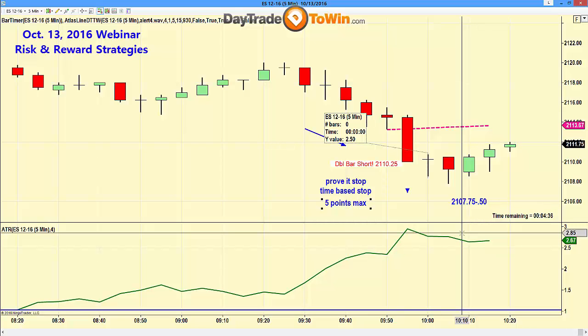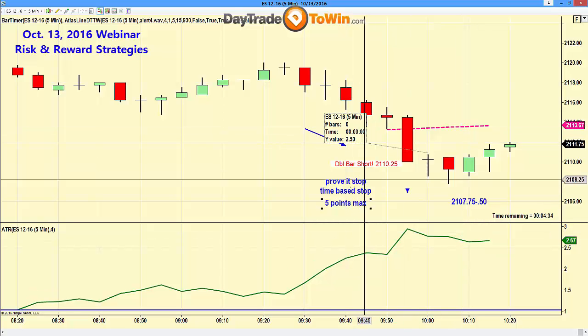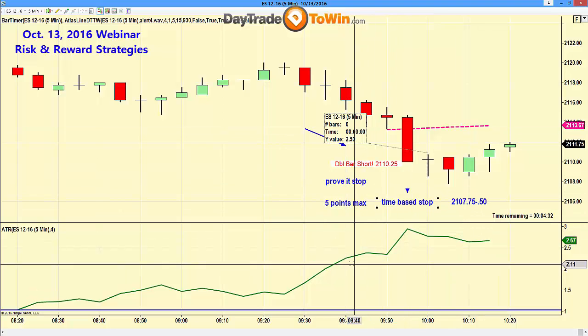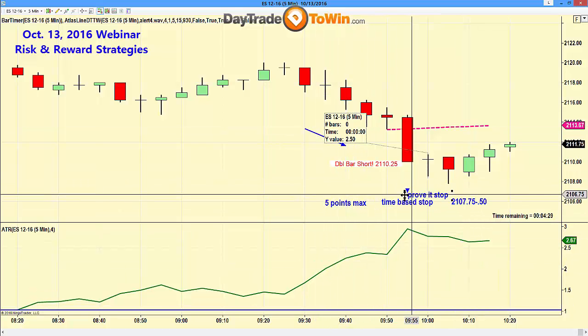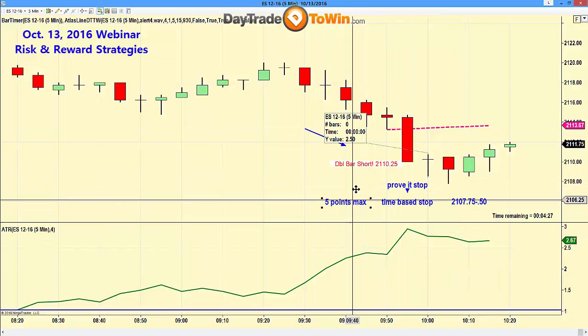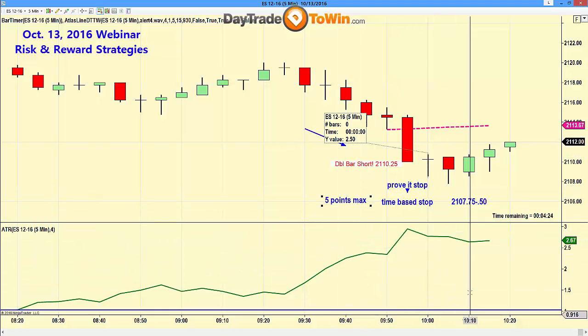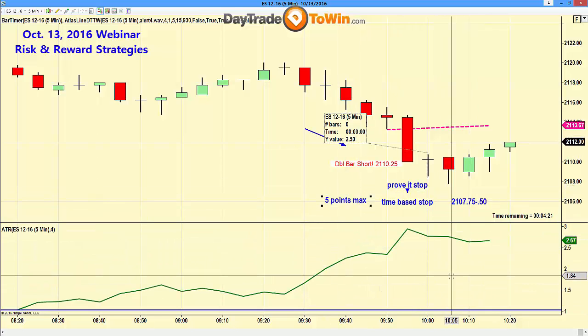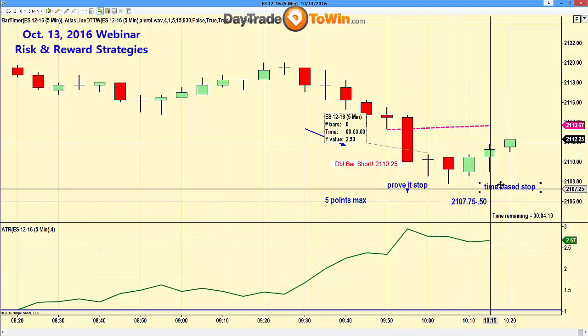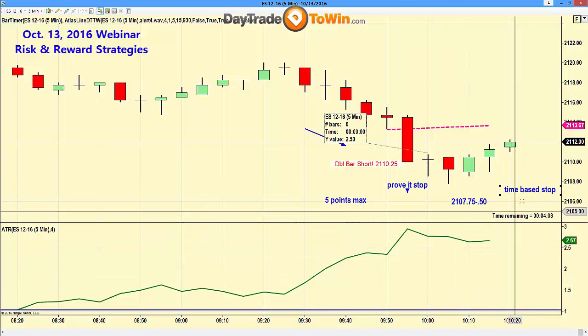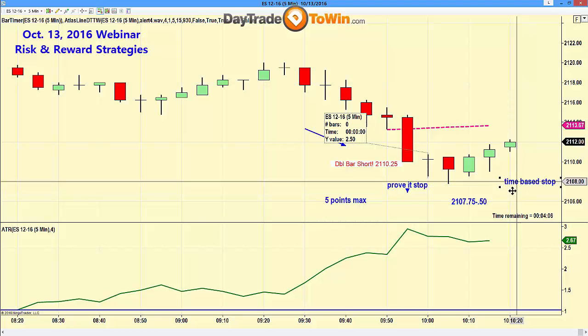But under the conditions that I'm showing you, if you have a time-based stop 50% of the time, you have a prove-it stop 10% of the time, you have the catastrophic stop 10% of the time. You have the full 1 times the ATR 30% of the time. These are just numbers that I'm throwing out there. You don't have to have your percentage of winners being 99% to get ahead, because your winners could be a time-based stop, or it could be a break-even trade, or it could be a small loss.